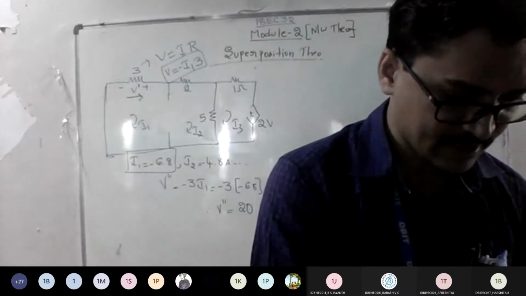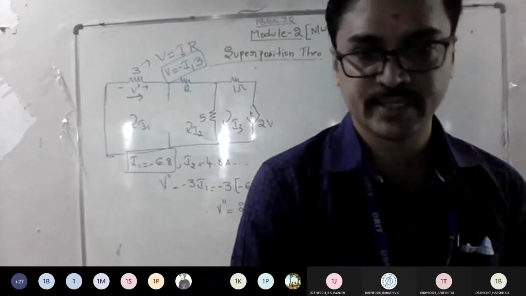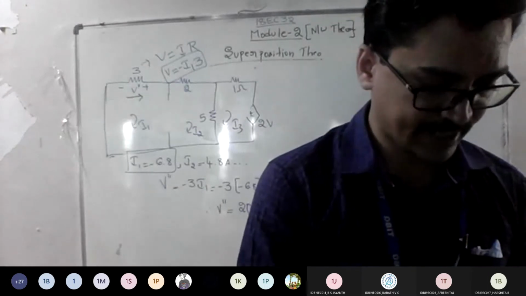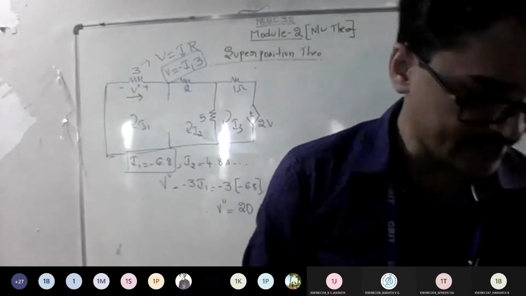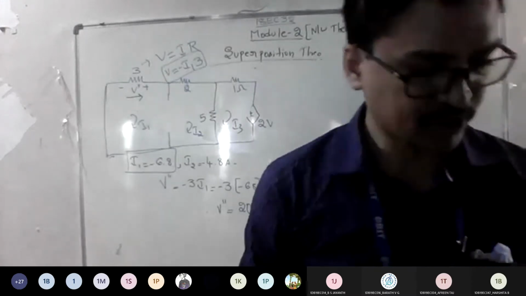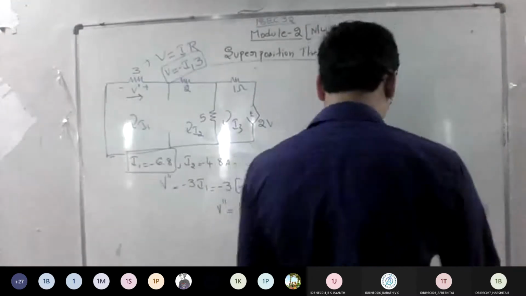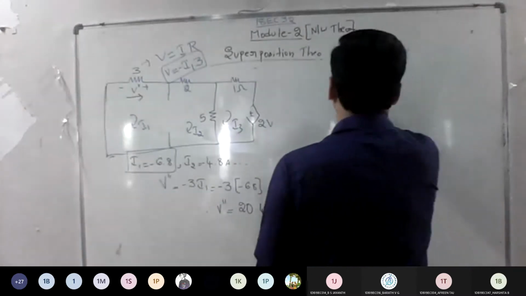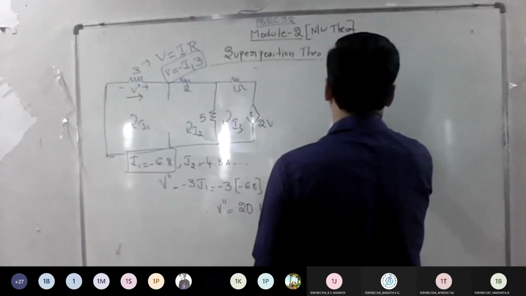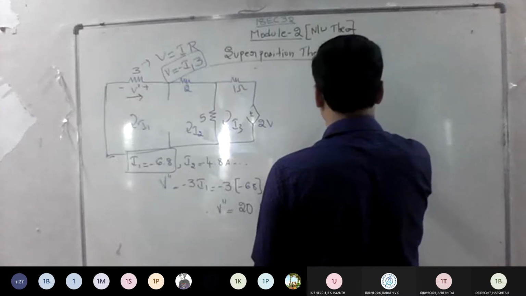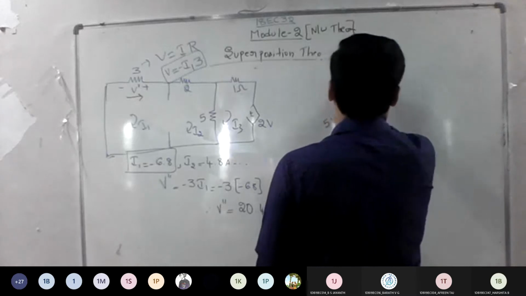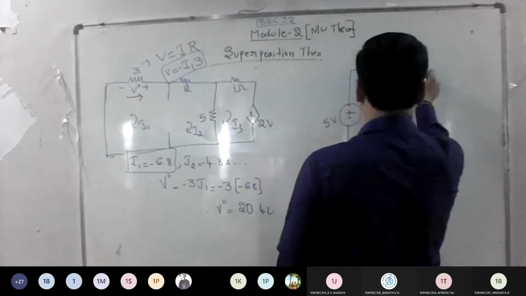find Ix. Using superposition theorem, find Ix for the network shown below. The supply is given here: 5 volt, 1 ohm is here.